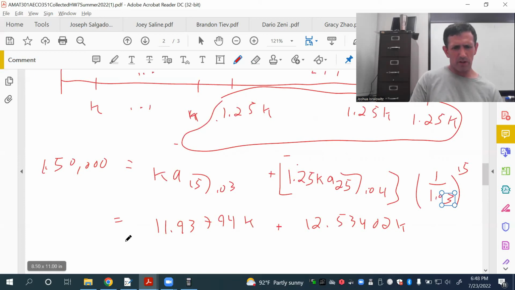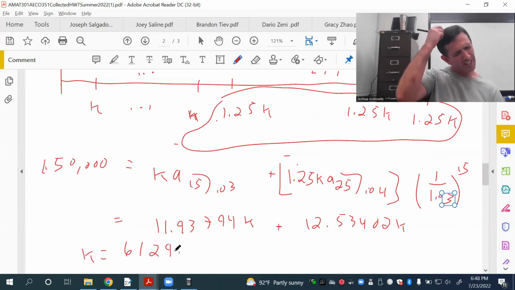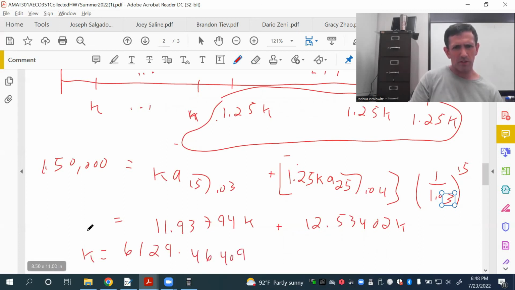So just add up, solve for K. K is 6129. I think it's 6829 if you did not do the 1.25K. Roughly 46 cents. Okay.